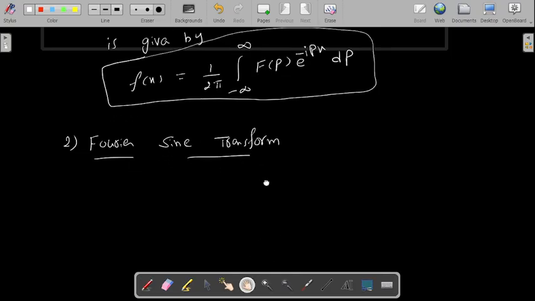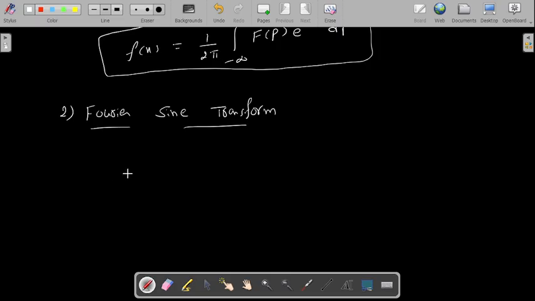It is denoted by capital F S of f of x, that means only the sine signal we are extracting, and it equals the integral from 0 to infinity of f of x sin px dx. That means from the given signals, we are extracting only sine signals; that is the Fourier sine transform.